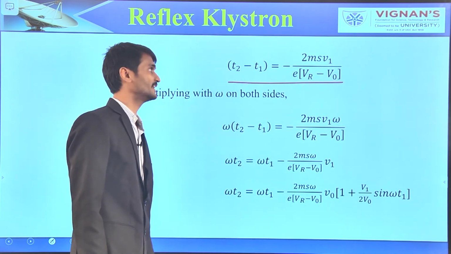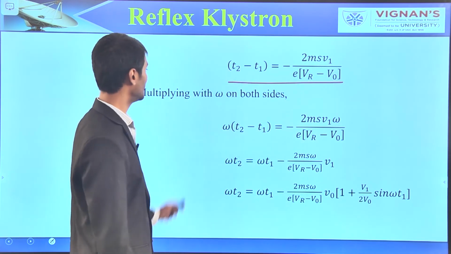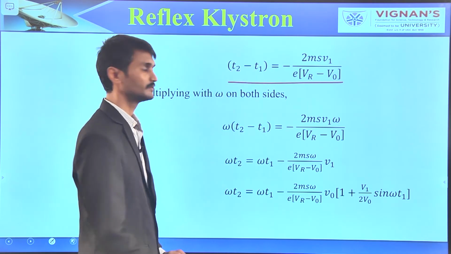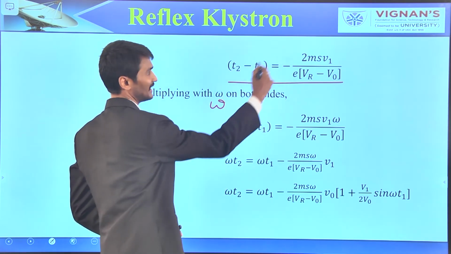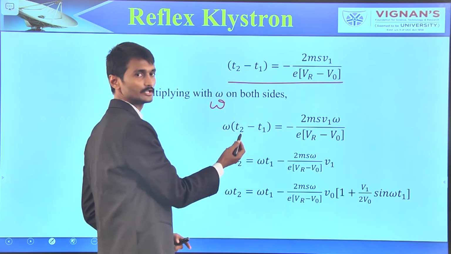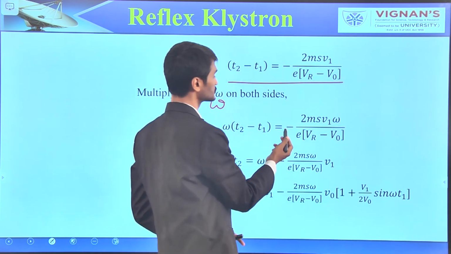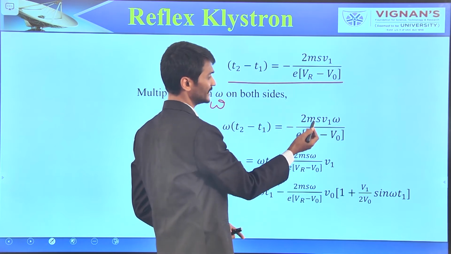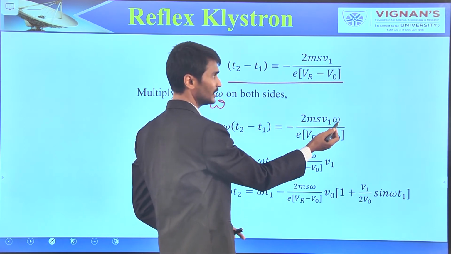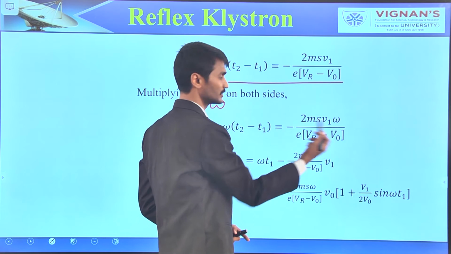Multiplying with omega on both sides, omega into (T2 minus T1) is equal to minus 2 ms V1 omega by E into (Vr minus V0).